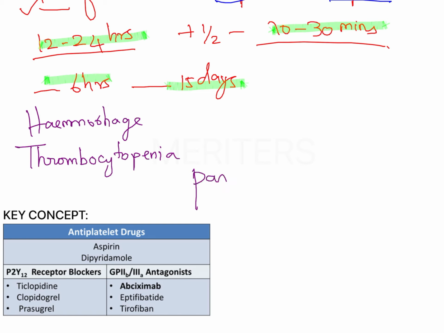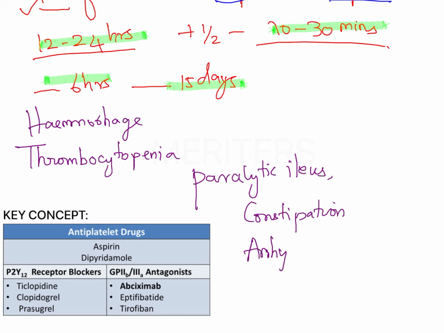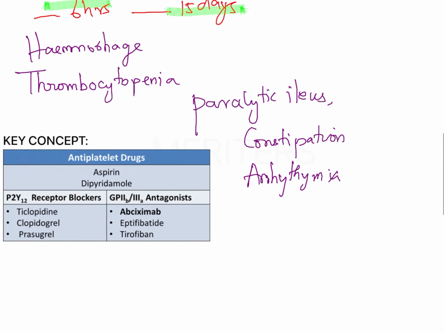Then it causes paralytic ileus, constipation, and erythema. These are some adverse effects. Your drawback is that it is a very expensive drug because it's a monoclonal antibody.